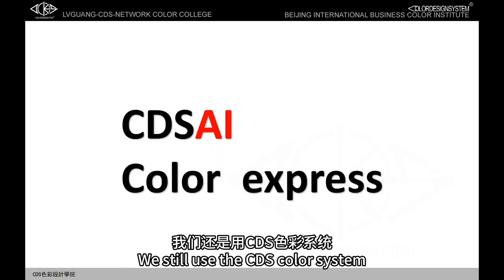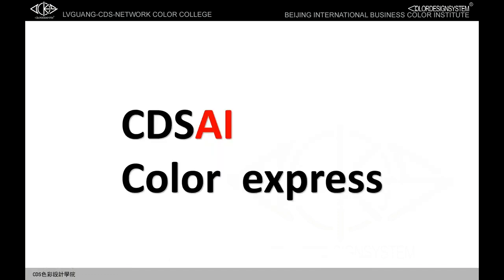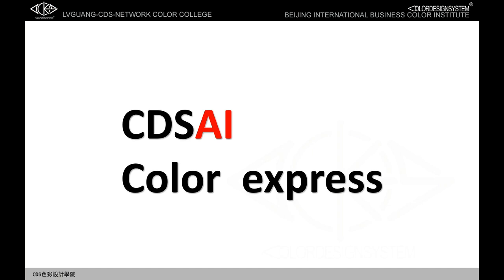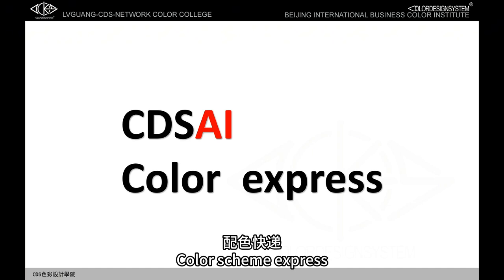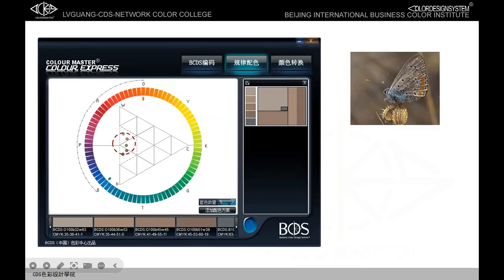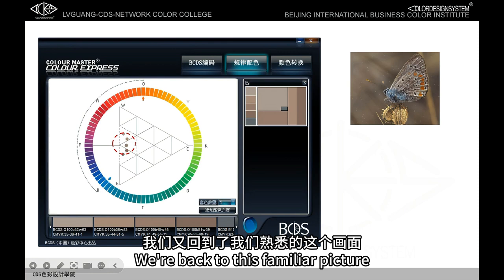We still use the CDS color system, our own color design data analytics system, Color Scheme Express, to do a color simulation design and interpretation. We're back to this familiar picture.